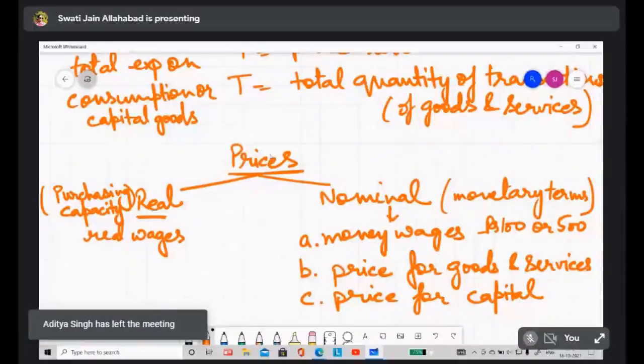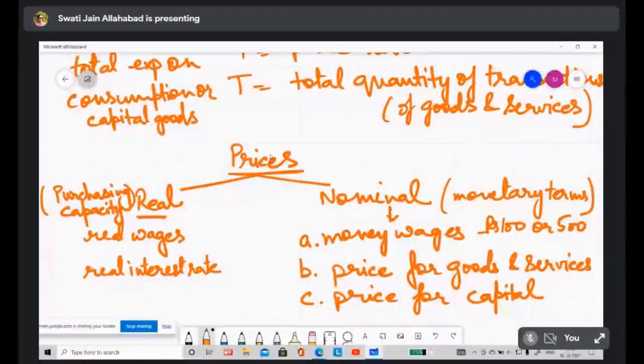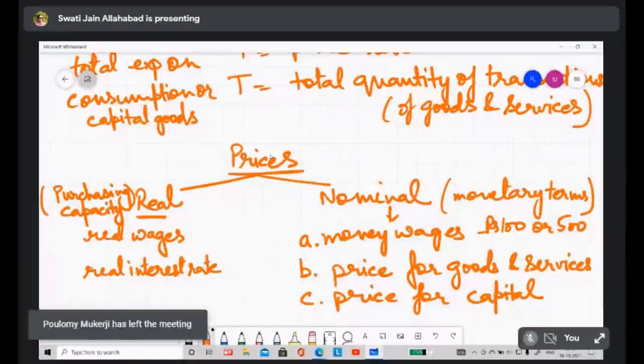So that's how you talk about real wages or real interest rate. So when you say nominal prices, there are three: money wages, prices for goods and services, and prices for capital. But when you say real prices, it is real wages or real interest rate. There are two things.